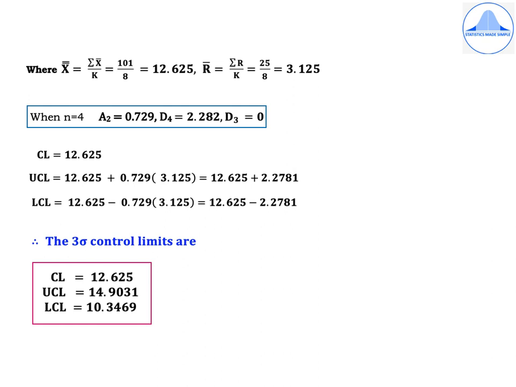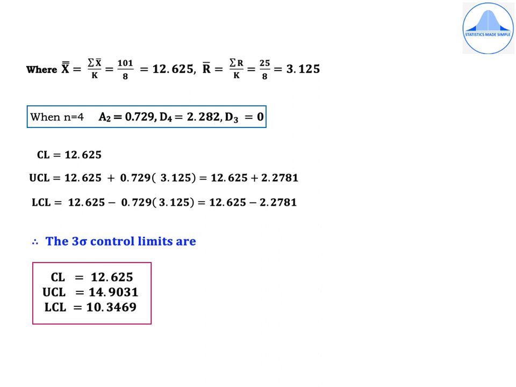When n is equal to 4 from the statistical tables, the constants A2 is equal to 0.729, D4 is equal to 2.282 and D3 is equal to 0. Therefore, we get CL equal to 12.625, UCL is 12.625 plus 0.729 into 3.125 and LCL will be 12.625 minus 0.729 into 3.125.